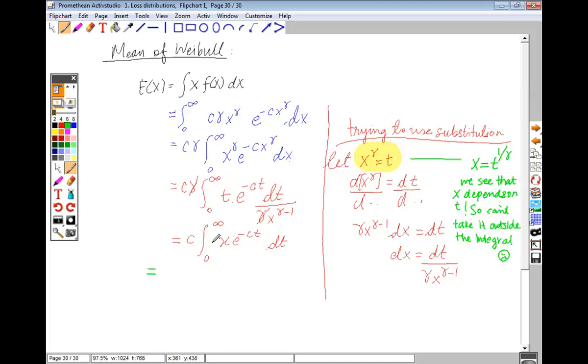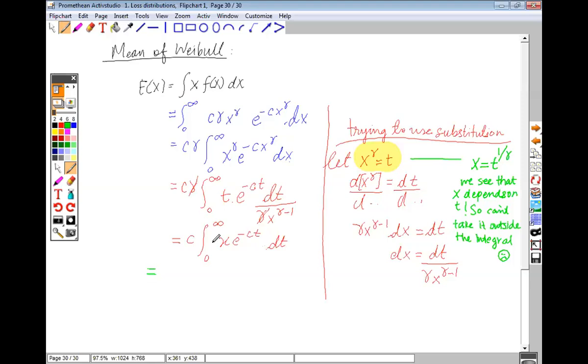Because anyways, at the end, what we want is an expression involving t's, because we're differentiating with respect to t. So we want to see what happens to this if we are varying t over these integrals. So let us try to see what happens now.